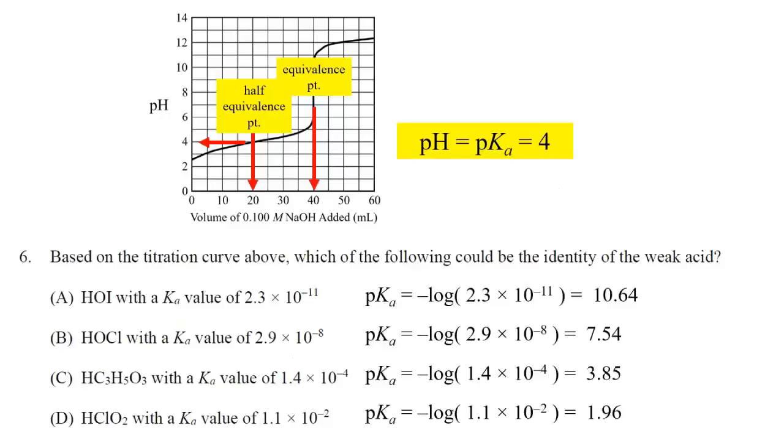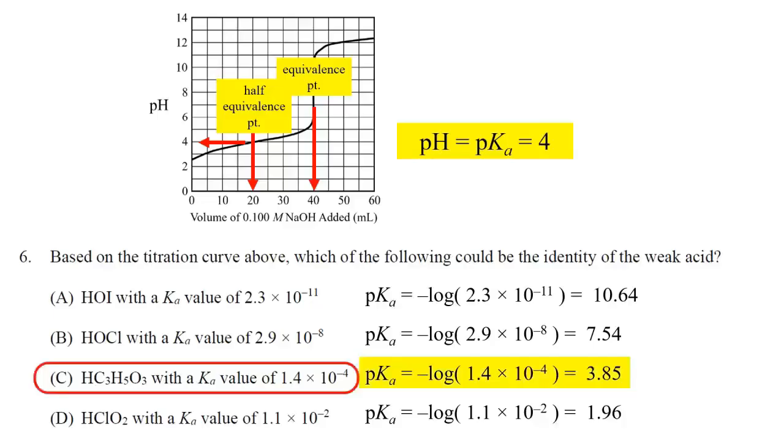Well, I think it's a good idea, but if you roughly estimate that 10 to the minus 11, I have a pKa of approximately 11. It's 10.6. The next one, the Ka is 10 to the minus 8, and my pKa is 7.5, so approximately 8.